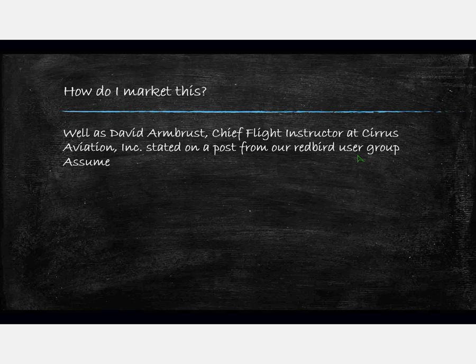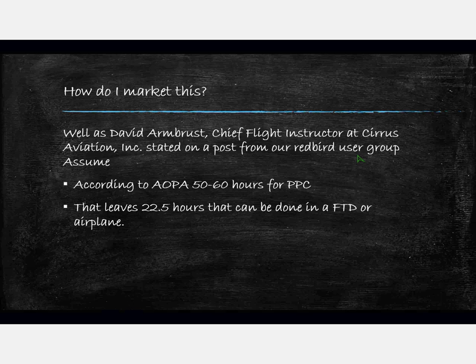And he stated on a post from our Redbird user group, according to AOPA, average hours is 50 to 60 hours for the private pilot certificate. That leaves 22.5 hours that can be done in an FTD or airplane, because the minimum is 37.5 if you use 2.5 hours towards the instrument requirements.